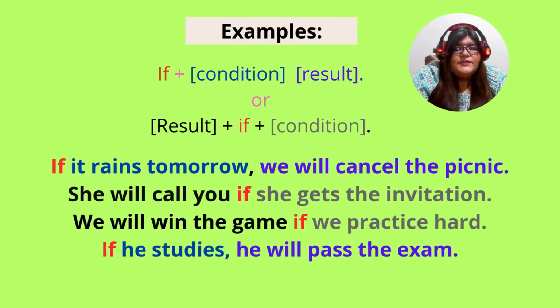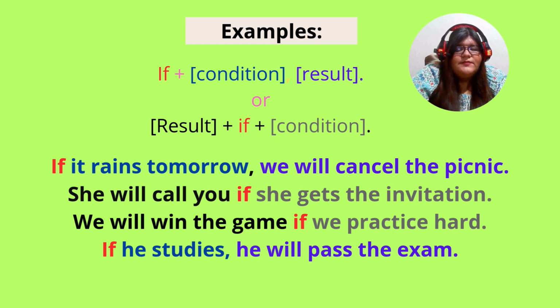Let's see some examples. If plus condition, we have a comma and result, or result plus if plus condition. And we have here some examples. You see the main clause, if, in red. It rains tomorrow.